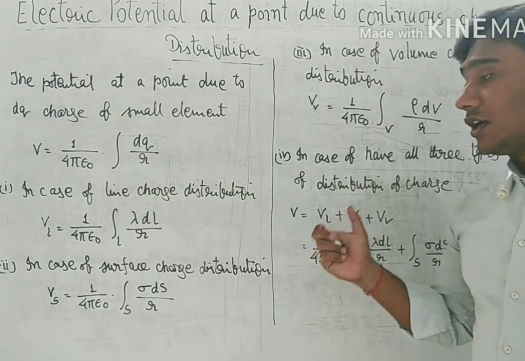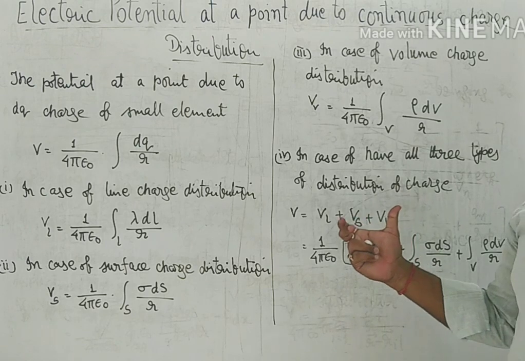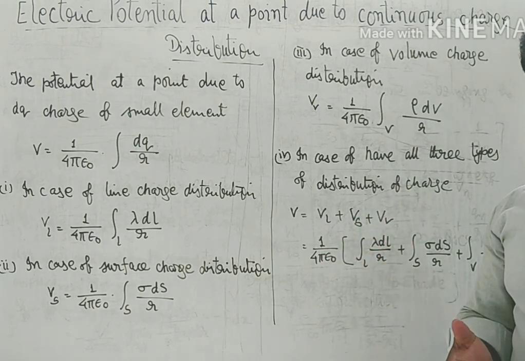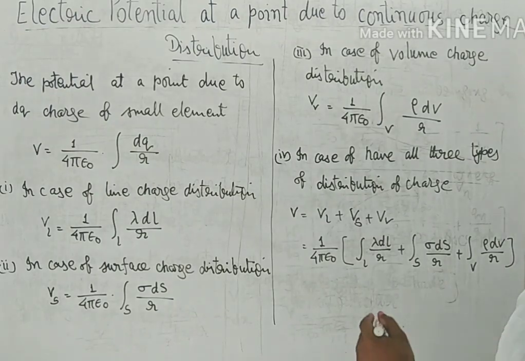Now if along with these three types of charge distribution, there are certain discrete charges as well given, in that case what can we write?